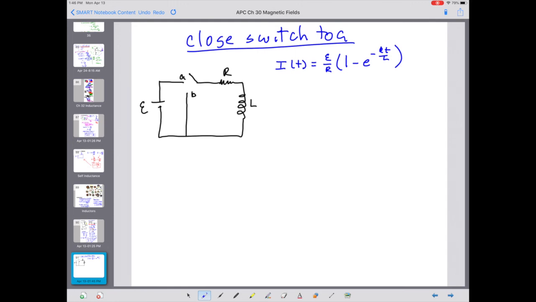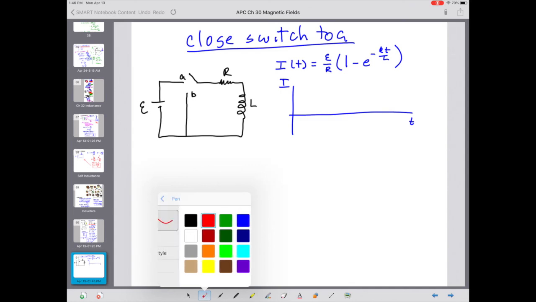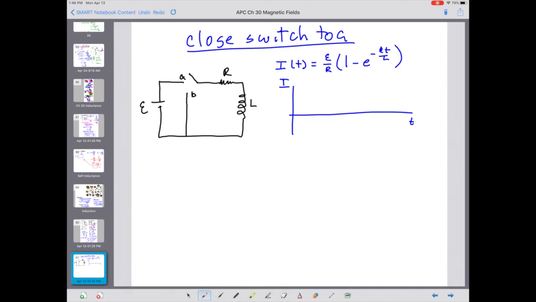So basically what happens is what we discussed on the graph originally when we started this. You have your I here, your t here. Instead of spiking, your current gradually increases, and it's approaching a maximum of that EMF over R value.